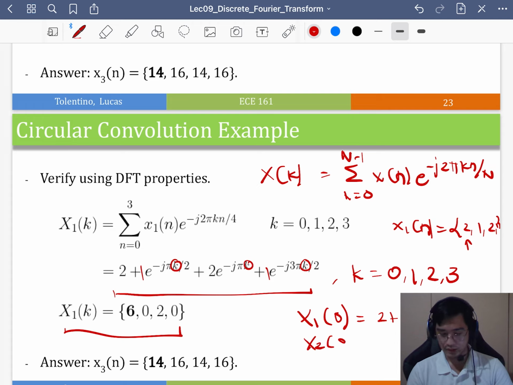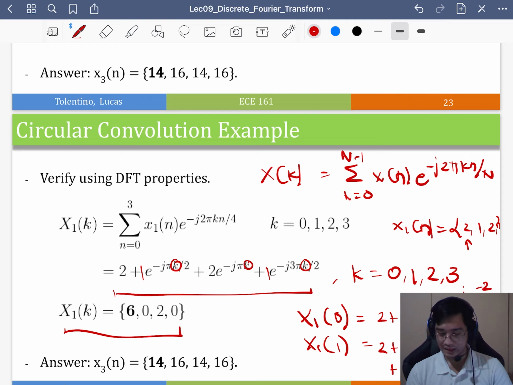x1 of 1, for example, substitute k is 1 in this case. We have 2 plus e to the minus j pi over 2 plus 2 e to the minus j pi plus e to the minus j 3 pi over 2. 2 is 2. e to the minus j pi over 2 is equal to negative j. 2e to the minus j pi is equal to negative 2.